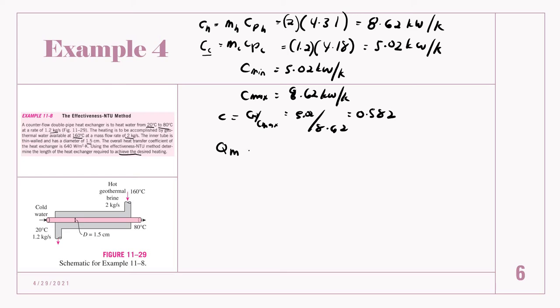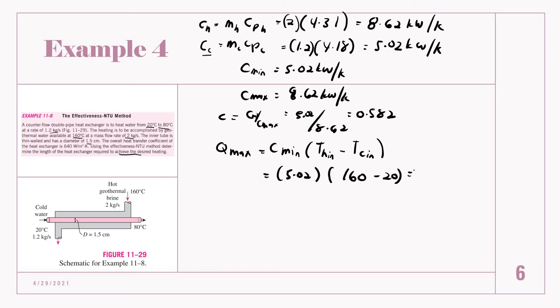Next we need to find the maximum heat transfer rate, Qmax. The formula is Cmin times TH in minus TC in, so 160 minus 20.